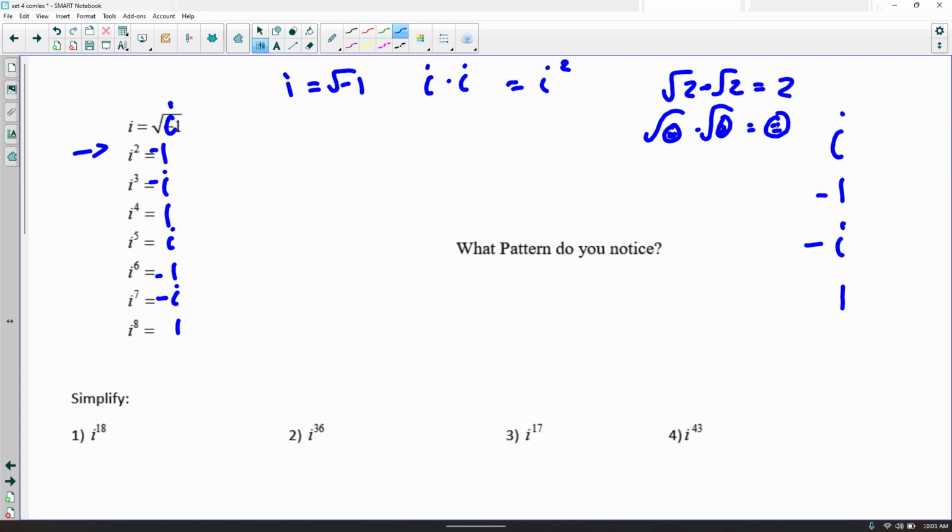Smiley face. Okay? So in this case, Houchins, if I take the square root of negative 1 times the square root of negative 1, what would I get? If I take the square root of 3 times the square root of 3, what do I get?